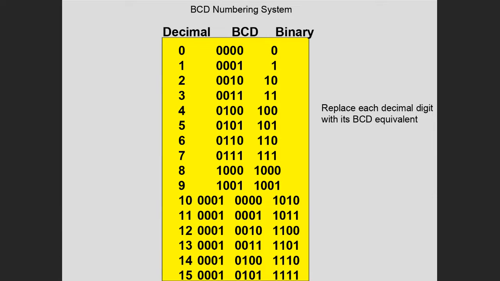Now you'll notice if you look at the BCD, basically the BCD up till this point right here, from 0 through 7, you see that the binary and the BCD are exactly the same. Actually, all the way down to 9, they're exactly the same, except that on purpose, we're using 4 bits to represent the BCD.